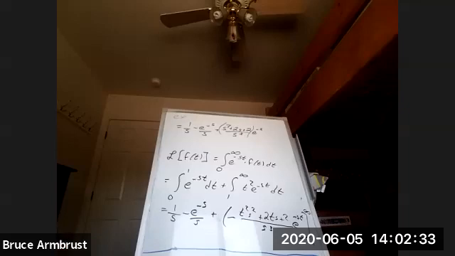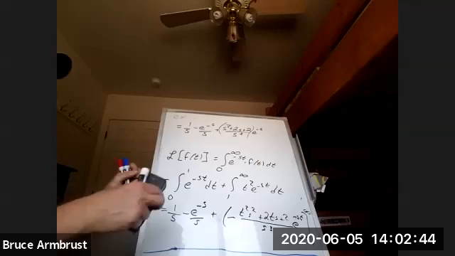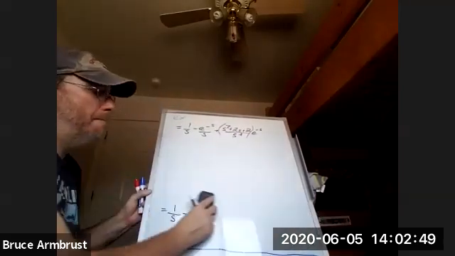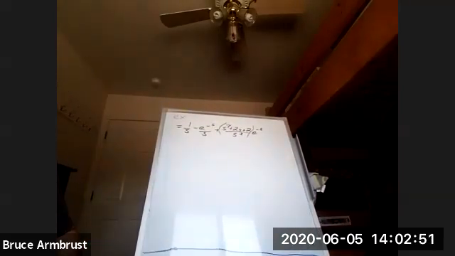And if you do L'Hopital's rule on that a couple times, you see that drops to 0. All right, so there is our Laplace transform of that piecewise defined function. So it's definitely doable.